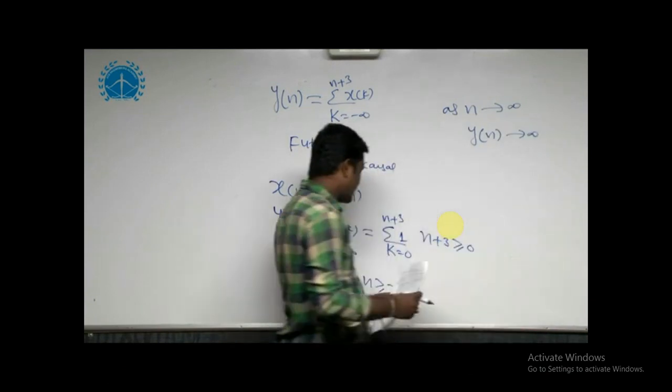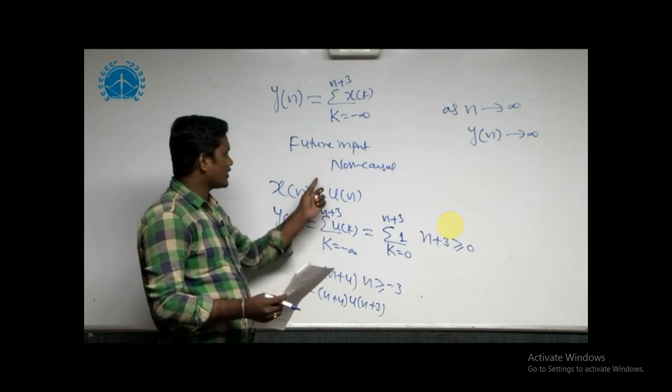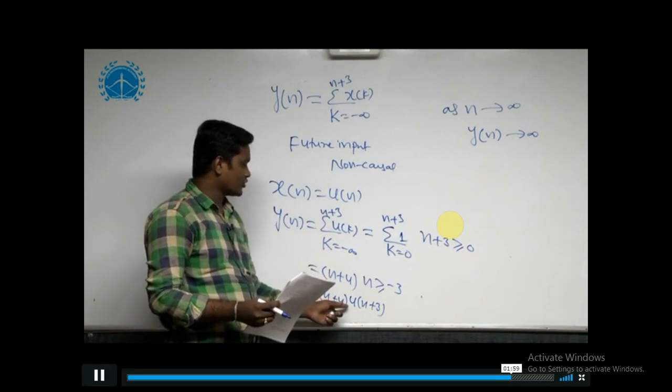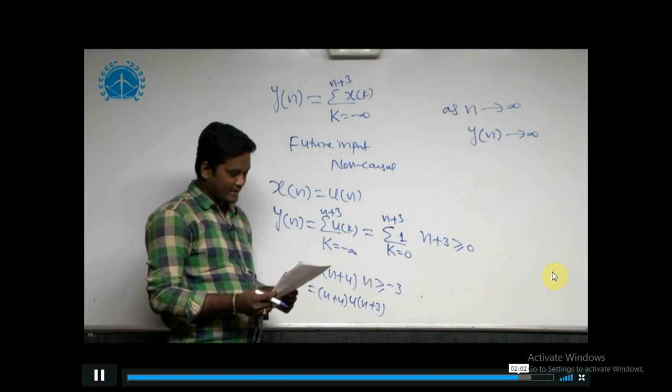So it becomes unstable. For a stable system, for a bounded signal, I am going to get a bounded output. So the given system is an unstable system.